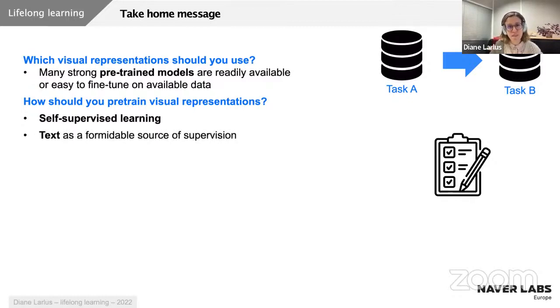I'd like to state that text is a great source of supervision. We've seen an example where text has been used to reduce the amount of training data needed to train visual representations. But other research has shown that when you have lots of images and text available, you can build very, very strong models.